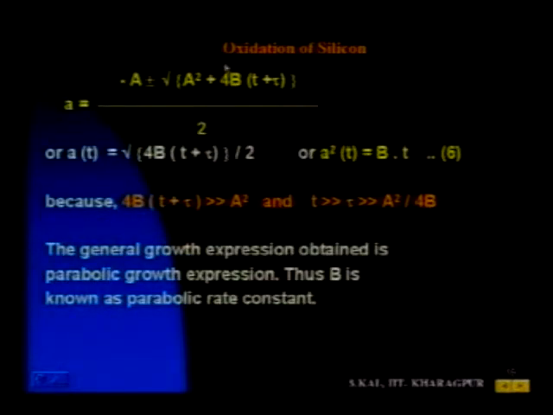So the solution is just a quadratic equation, and the normal technique to find the solution is like this: A equal to minus A plus minus under root A square plus 4B into T plus tau, divided by 2.